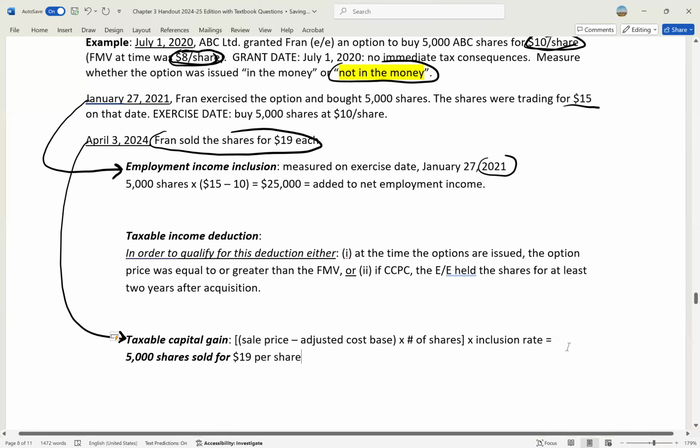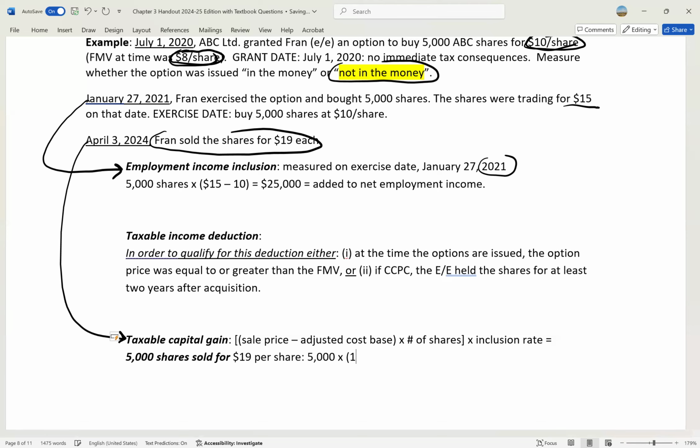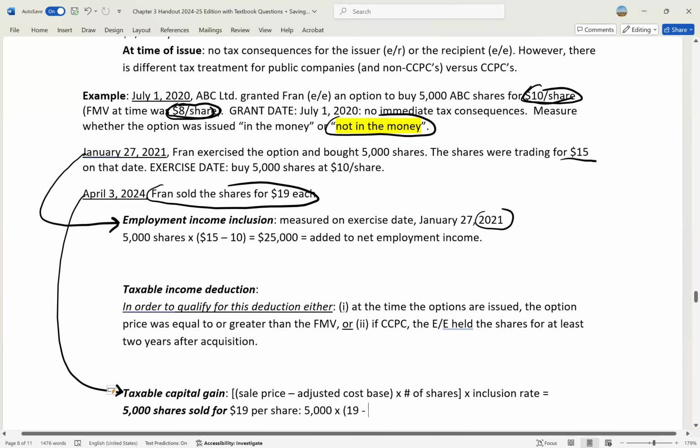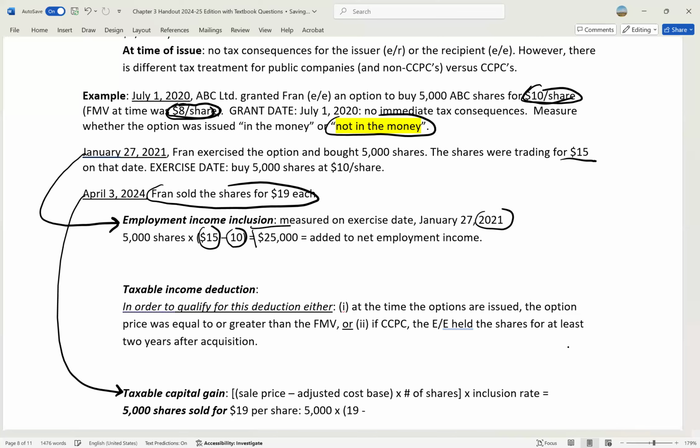So the way we calculate the capital gain is we take the 5,000 times the difference between the sales price of 19 and what she paid for them. But it's not really what she paid for them, it's not the $10, because remember she paid 10, but she had to include this difference of $5 in her employment income.